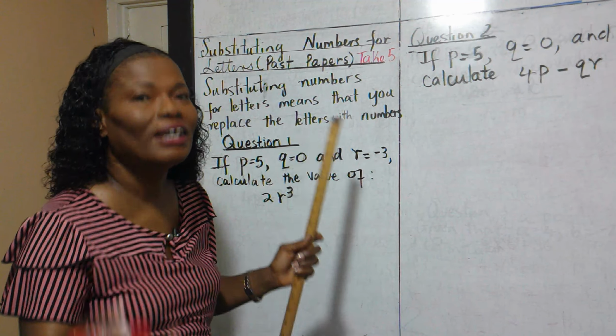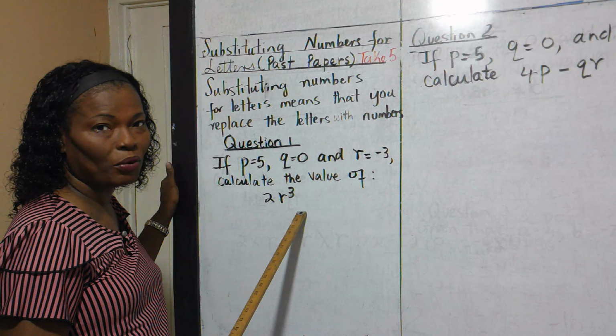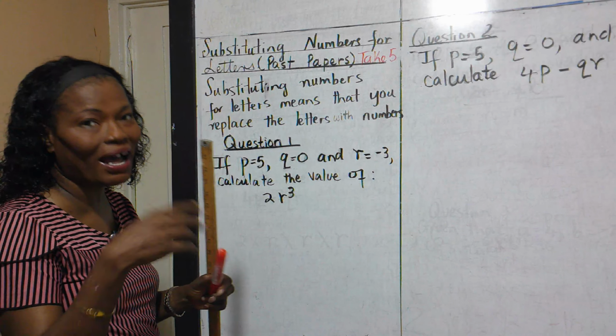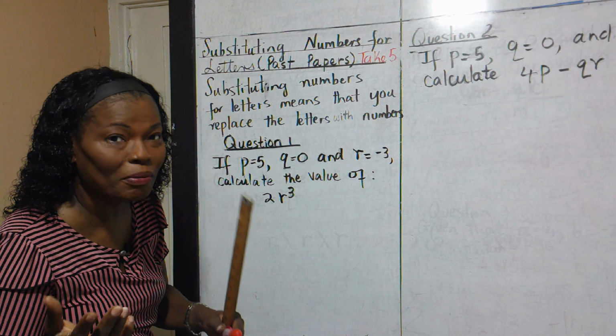Question 1 says if P equals 5, Q equals 0, and R equals -3, calculate the value of 2R cubed, or 2R to the 3rd power. It means the same thing. We need to expand it. You don't really need that, but I just don't want you to make a mistake.